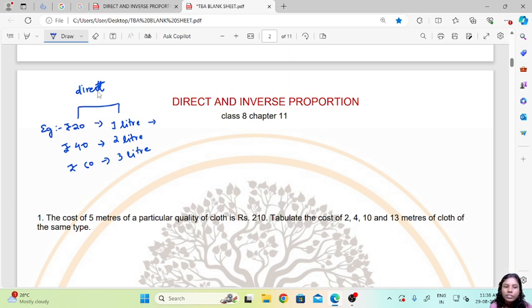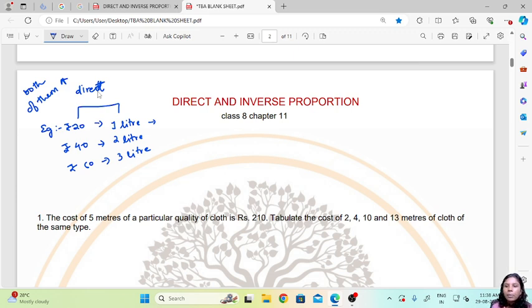It's not like the price is going to 40 rupees and the quantity is coming to half a liter. No. As the price is increasing, the quantity is also increasing. So both of them increase.